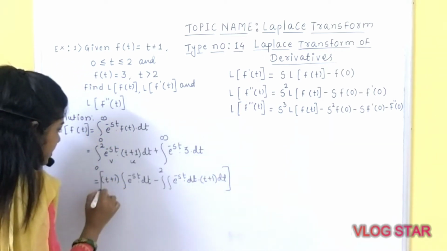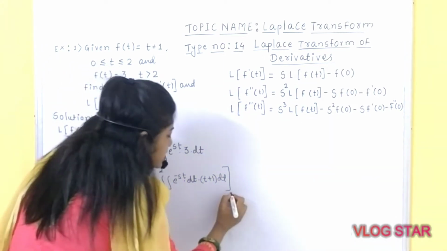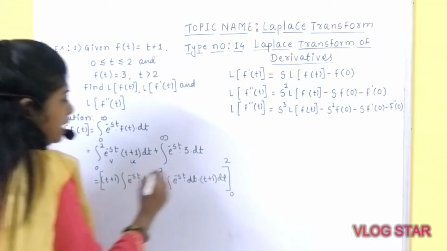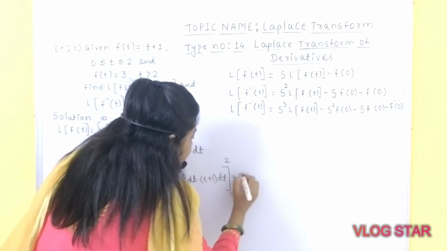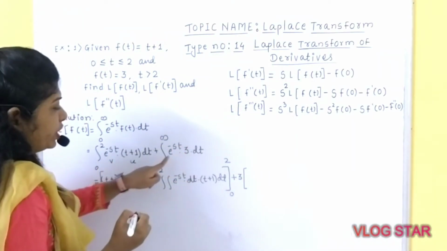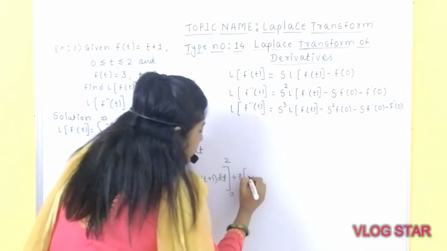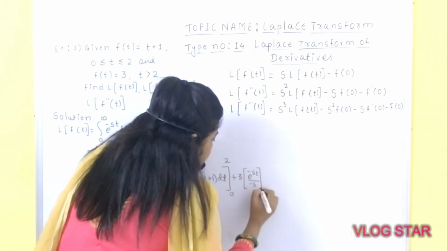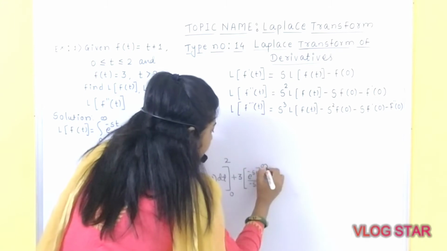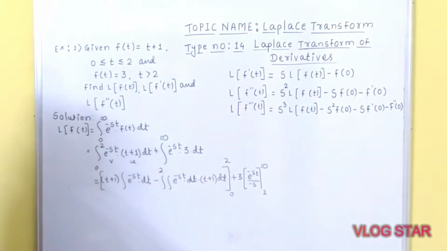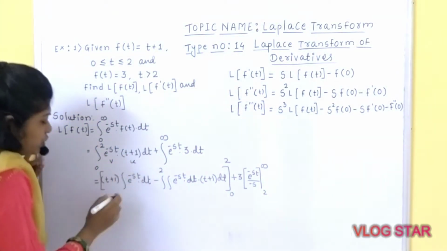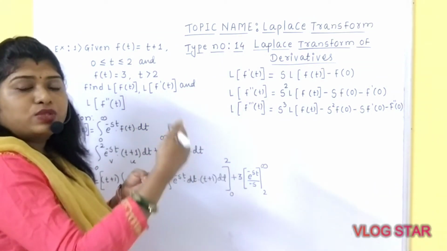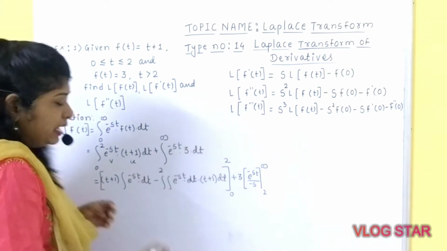This is the first part, and then you have to substitute upper limit minus lower limit, plus you can take 3 outside the bracket. What is the integration over here? It is e raised to minus st by minus s, substitute upper limit minus lower limit. As you know, integration of e raised to minus ax is e raised to minus ax upon minus a.